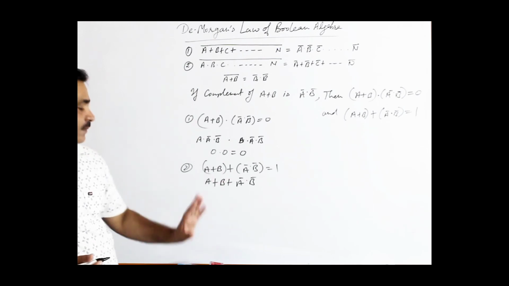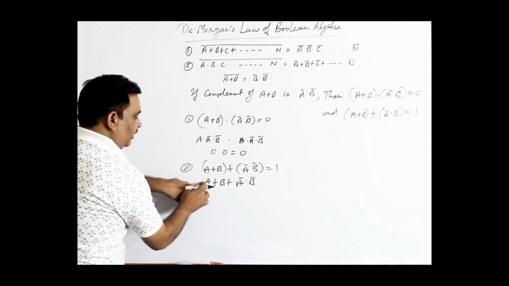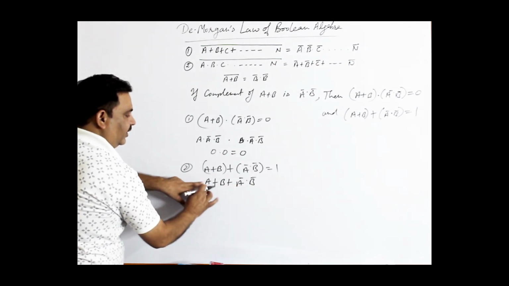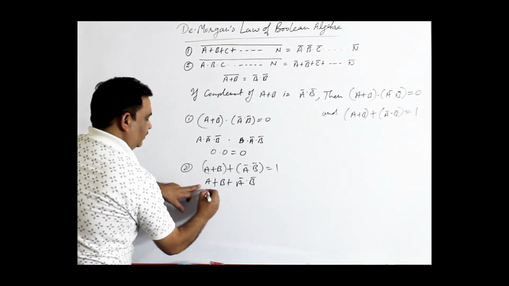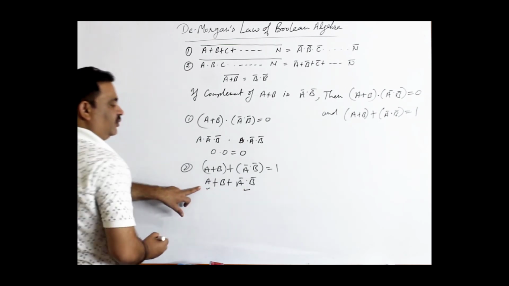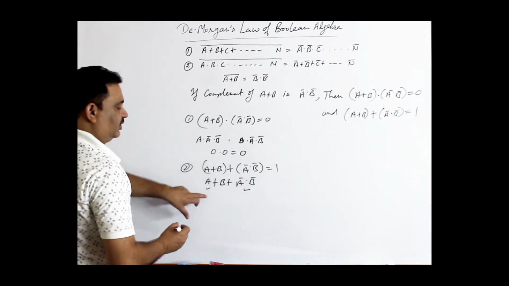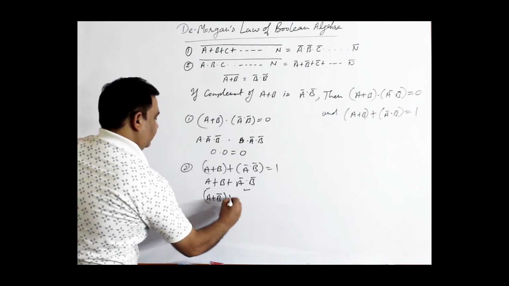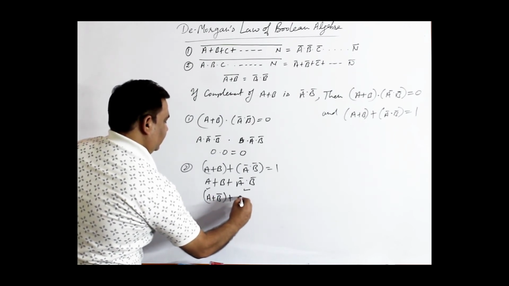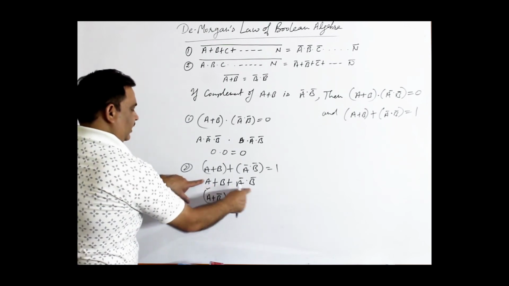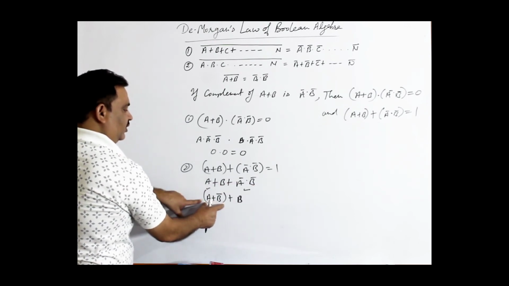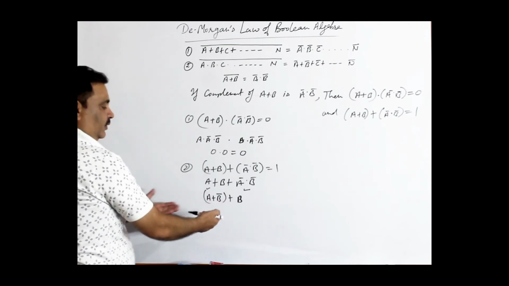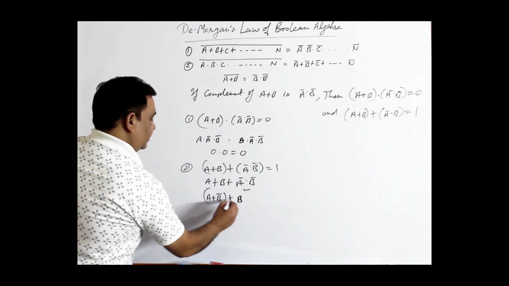You can also apply distributive, but it is better to apply the absorption law between A and A complement dot B complement, or between B and that term. Applying absorption law in these terms, A plus B complement, and finally B will be there. You can remove the brackets according to the associative law, because the signs are the same.